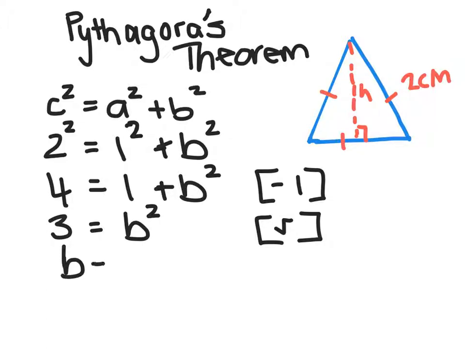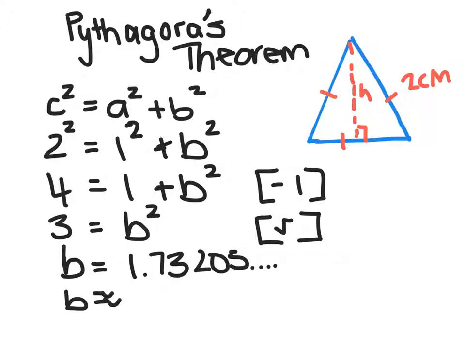So b will equal the square root of 3, which is 1.73205, and it keeps going. So we will be able to just round that. And there should actually be little approximate equals, 1.73. And we'll just indicate that we've rounded that to 2 decimal places.